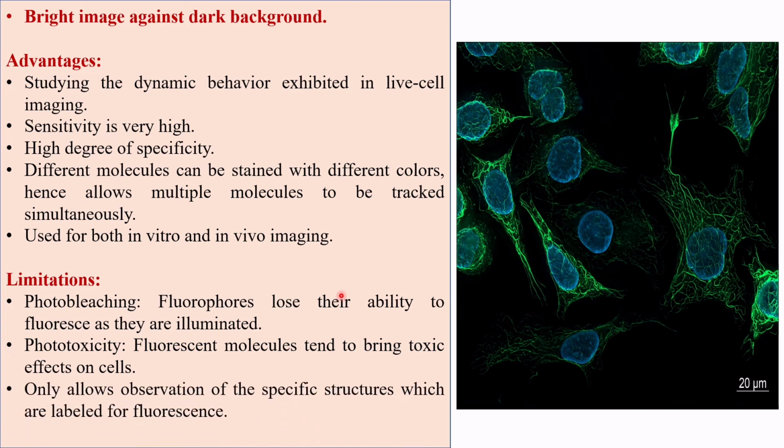One more disadvantage is, unlike other light microscopes, fluorescence microscopes only allow observation of the specific structures which are labeled for fluorescence. Fluorescence comes from the background that sometimes makes the image dirty.